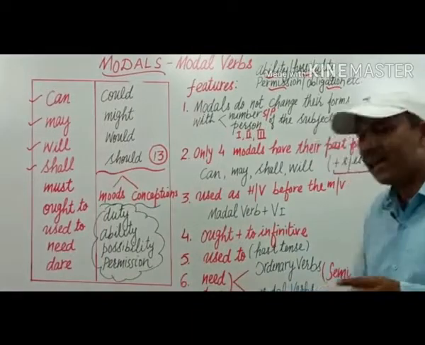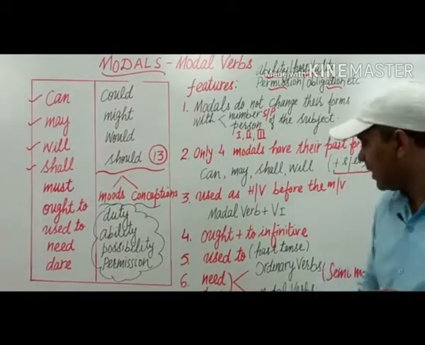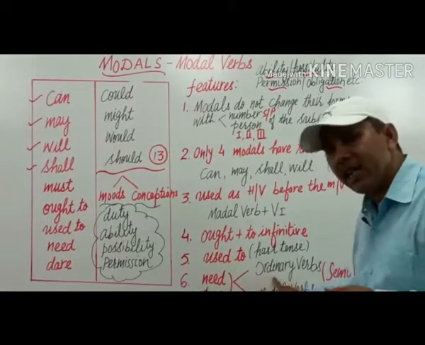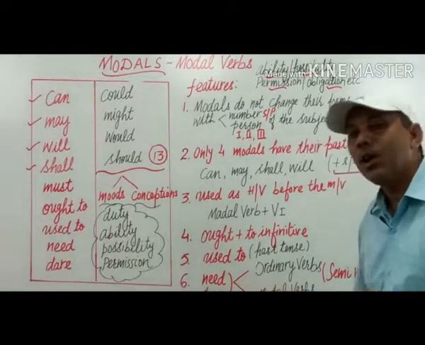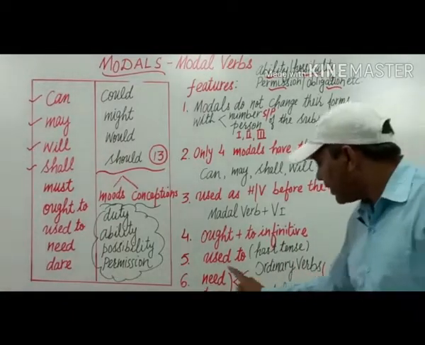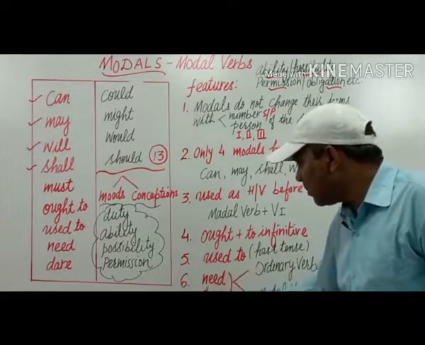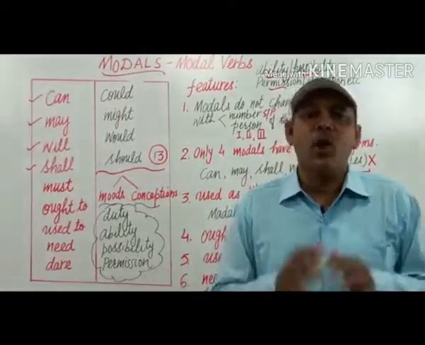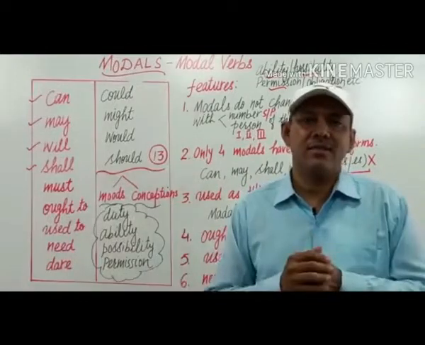And need and dare, these two words are used as ordinary verbs as well as modal verbs in sentences. That's why need and dare are known as semi-modal verbs, semi-modals.